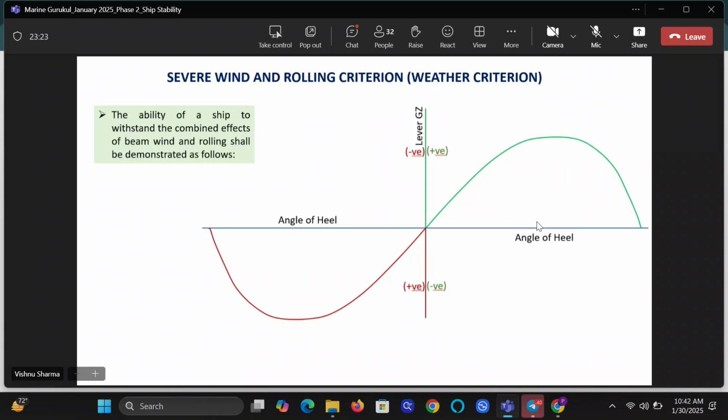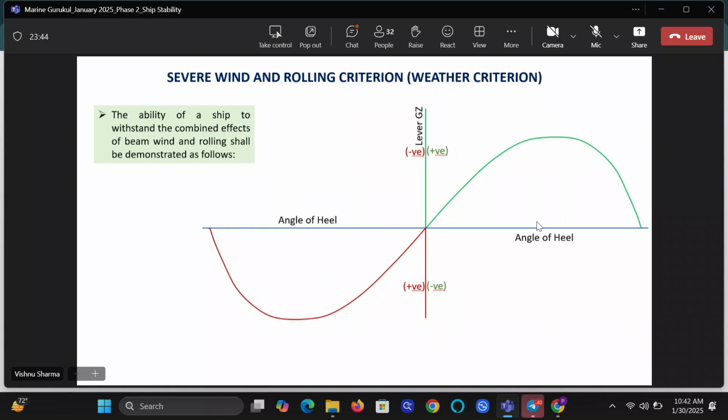Now, what is the purpose of this criteria, the weather criteria or severe wind and rolling criteria? The purpose of this criteria is to demonstrate that the ship has enough stability to be able to withstand a certain degree of severe weather.